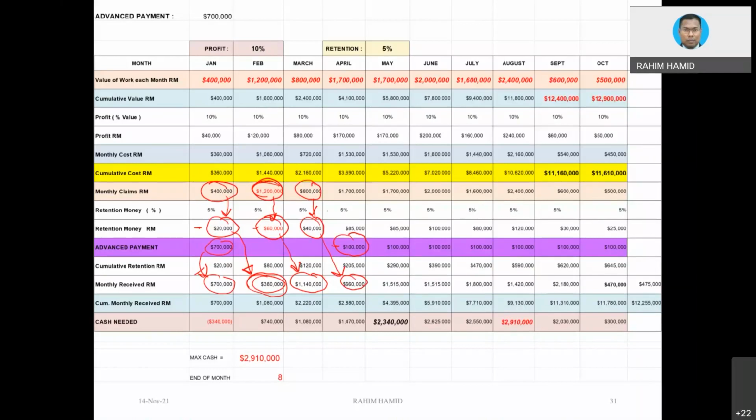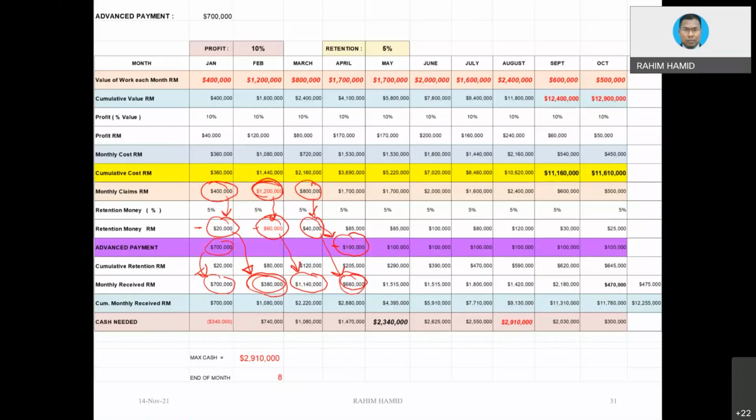Actually, you need to deduct with this thing also. Then only you will get 660. Because the payment is going to pay you this month, but this month you also owe the client 100,000 from the advance payment before.